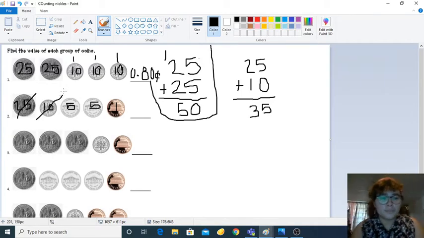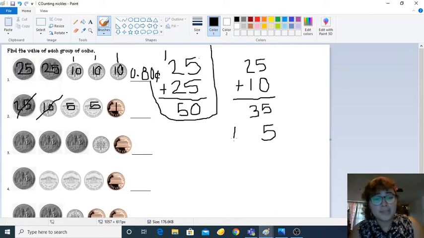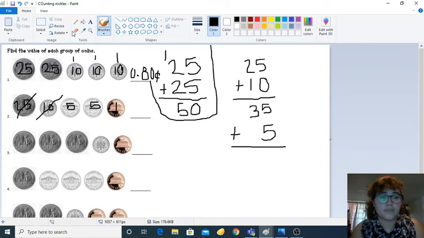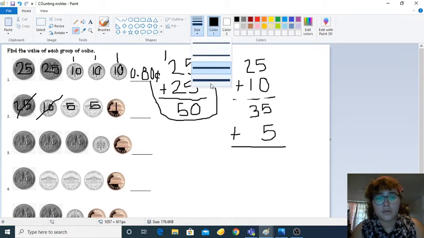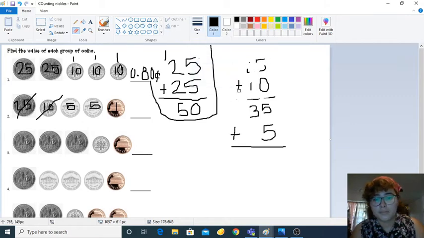And then we have 2 nickels. So we start with the first one. You're going to add 5 more. And this time, you have to be careful because it is going to involve some regrouping. I'm just going to erase this part up here, just so that we don't get confused.